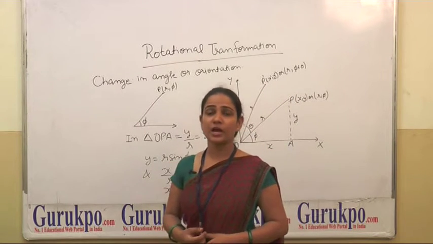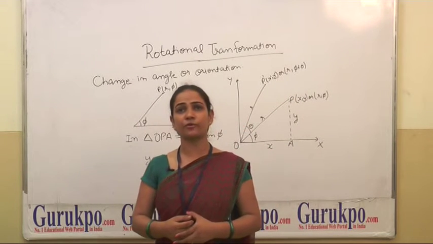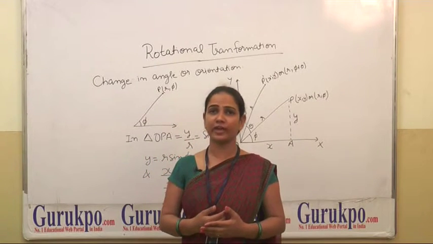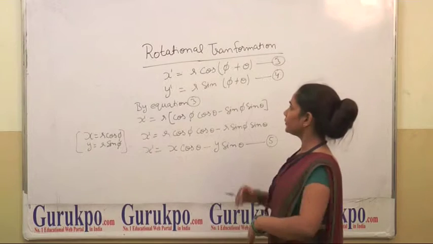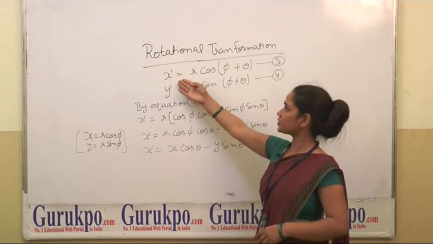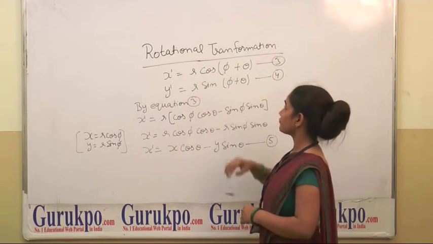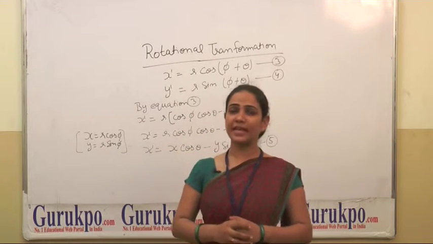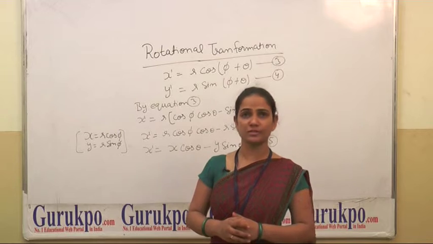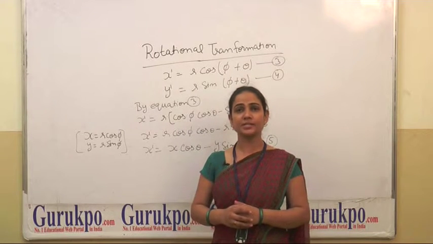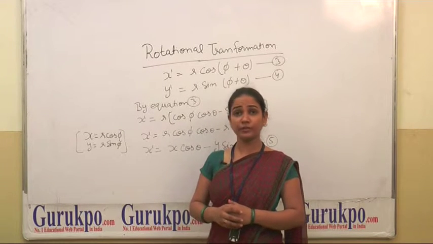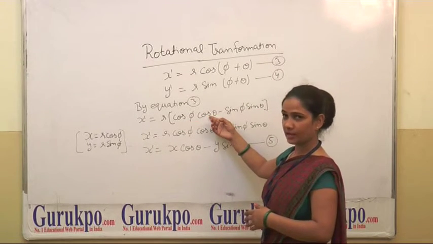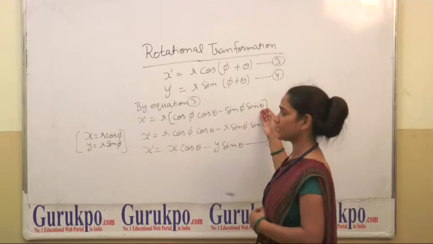Let us find out how the rotational transformation equations will be evaluated with the help of X and Y. Here we have the equation X dash is equal to R cos of phi plus theta. As we have already studied, cos of A plus B is equal to cos A cos B minus sin A sin B, and we will use this formula over here. Cos phi cos theta minus sin phi sin theta.